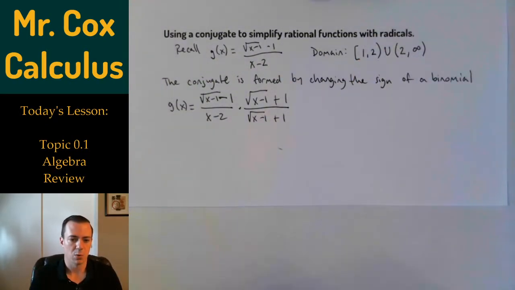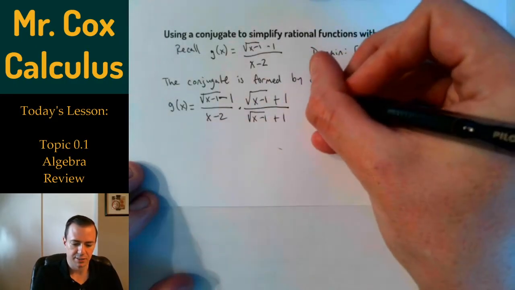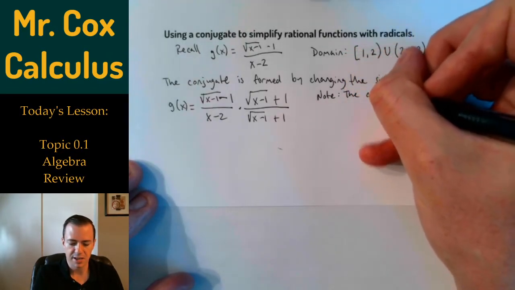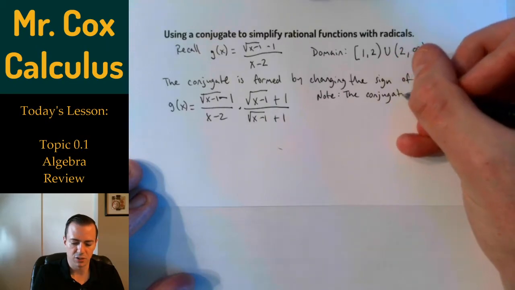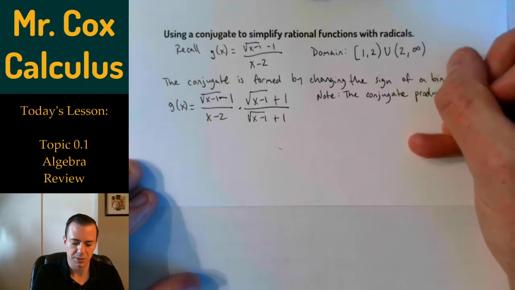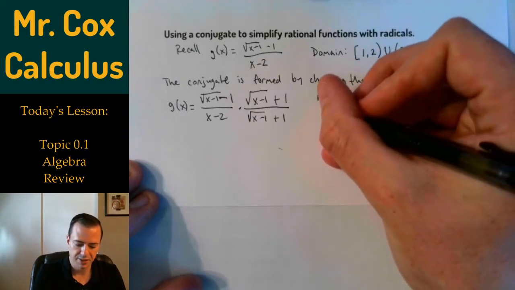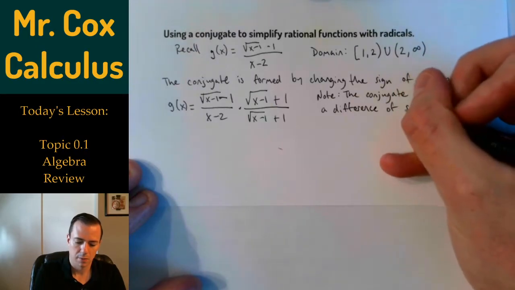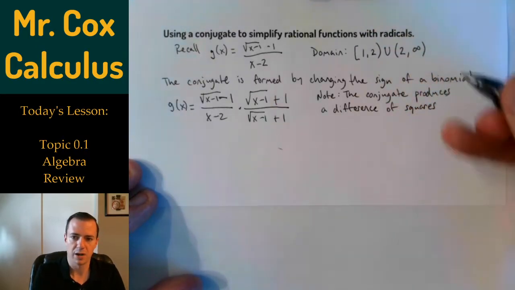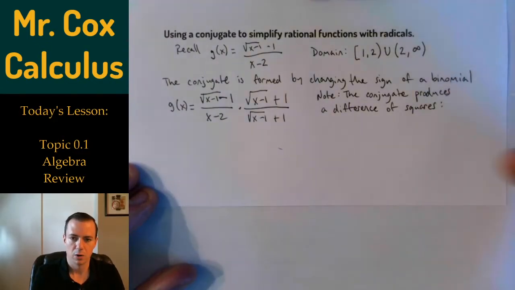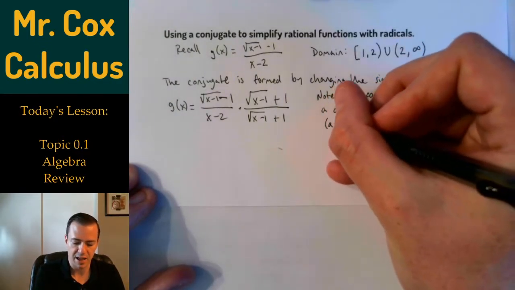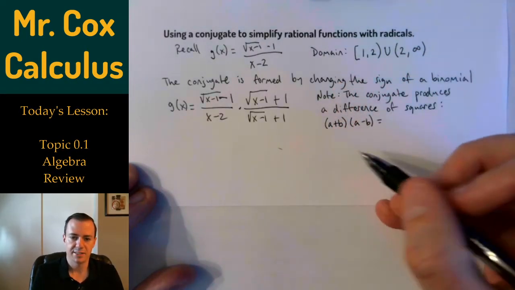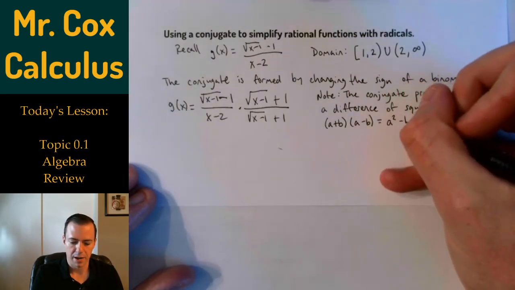The reason why the conjugate works is, let's make a little note here, the conjugate uses this idea of the difference of squares, and what it does is it produces this difference of squares. I'm going to throw a formula on here that you'll probably recall from earlier algebra: if I have a plus b times a minus b, that simply equals a squared minus b squared.